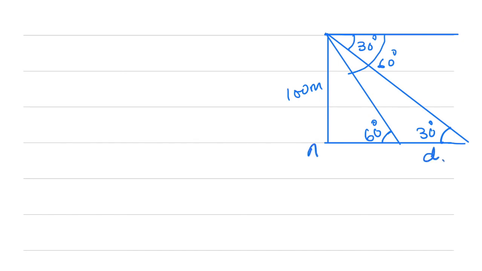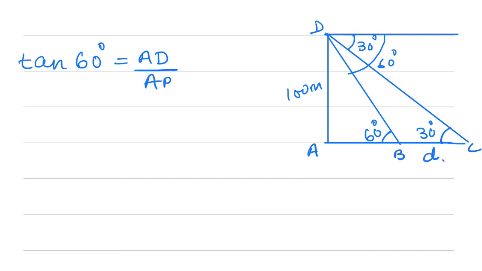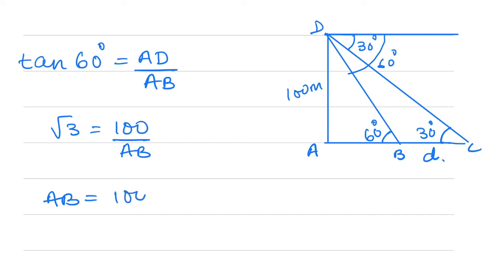Let's name the vertices A, B, C, D. Tan 60 degrees is equal to AD by AB. So tan 60 degrees is root 3, AD is 100, so AB is equal to 100 by root 3.